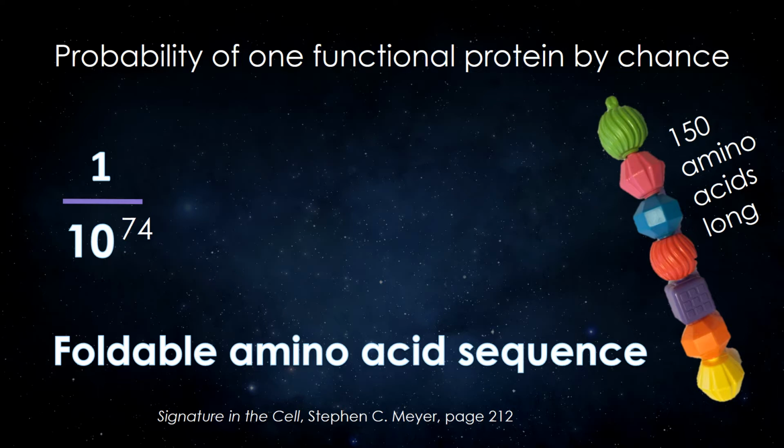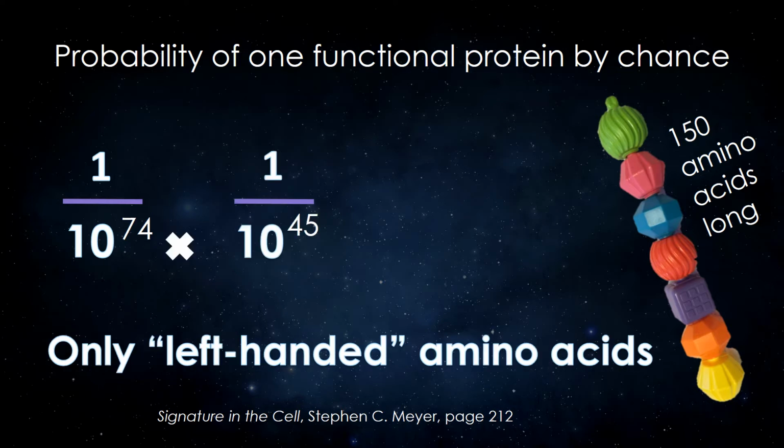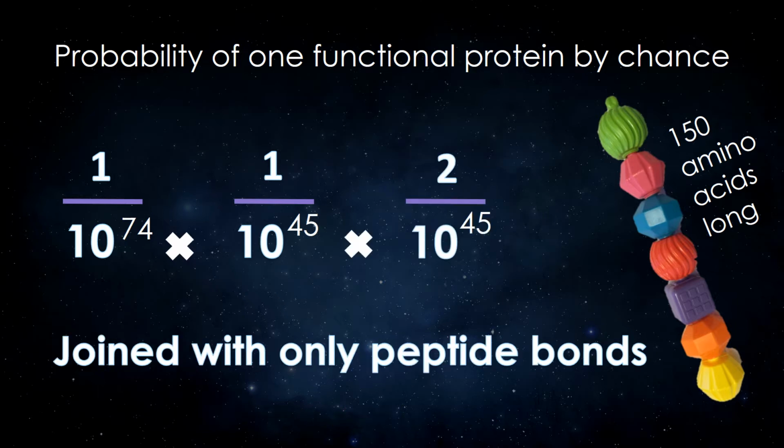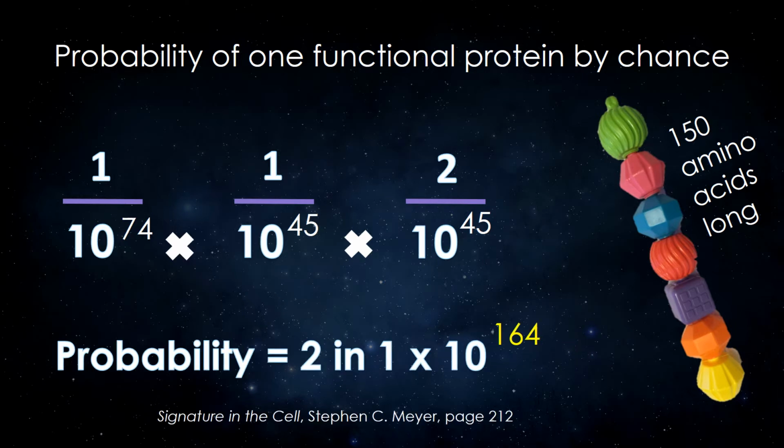The probability of getting a specific sequence of amino acids that is capable of folding, by the probability of getting 150 left-handed amino acids in a row, by the probability of them being joined with peptide bonds. When we multiply these individual probabilities, we add their exponents, which is where the 164 comes from.